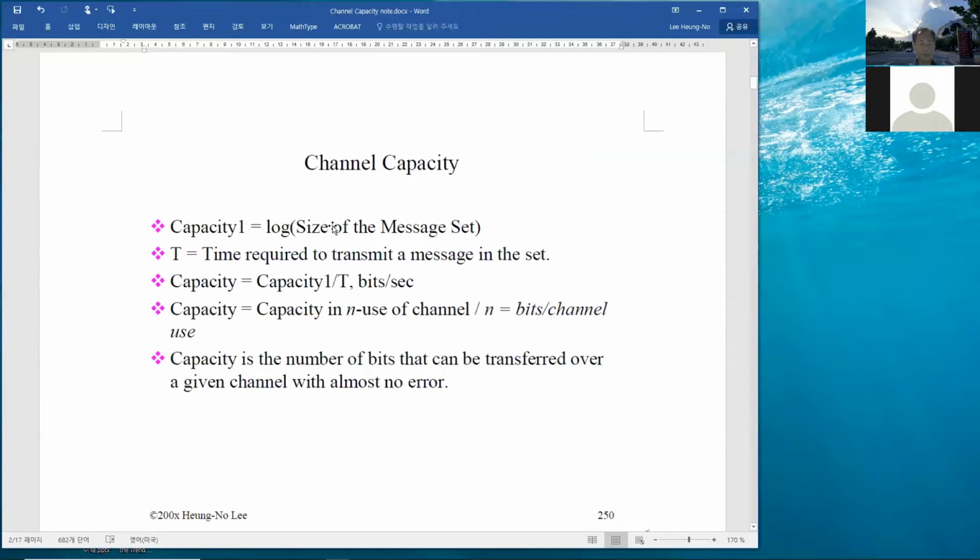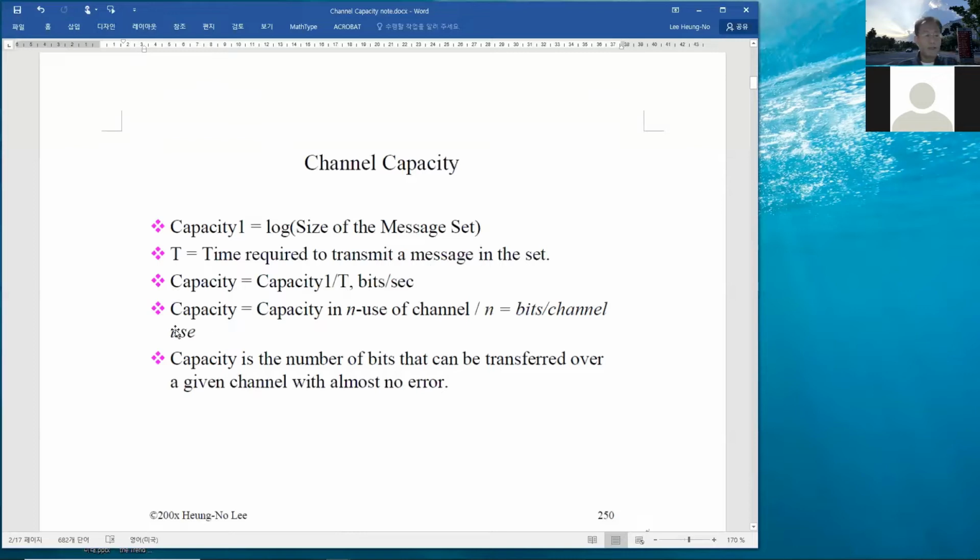If these messages are sent over a channel with almost no error, this capacity can be achieved. And T is the time required to transmit a message in the set. Then you divide this capacity by the time to transmit a message in the set, and it becomes bits per second capacity. So this becomes more physical.